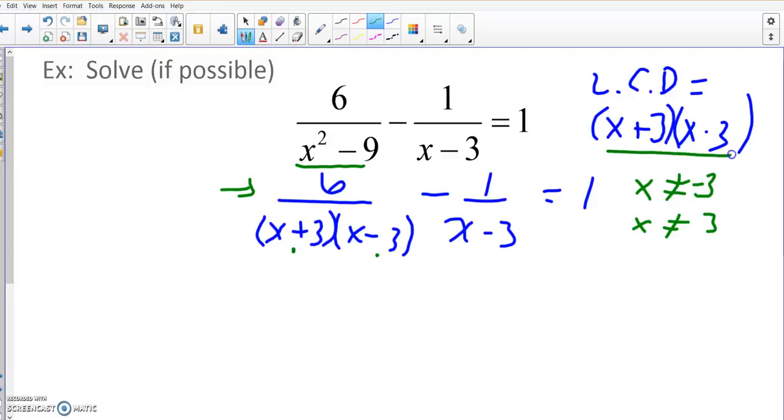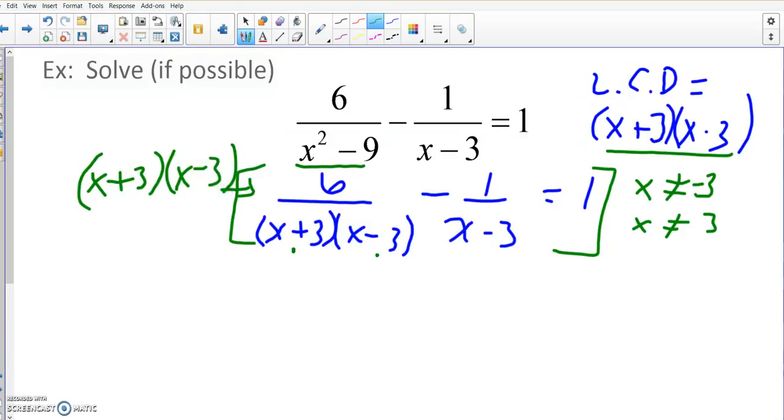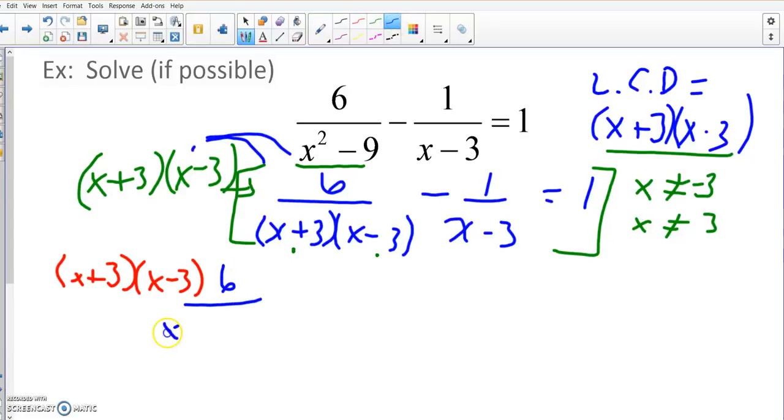For the next step, we have the LCD. Let's multiply the entire equation by x plus 3, x minus 3. Now, some of you might want to skip the step I'm on and go directly to this step. Some of you can probably do more in your head. Again, because these are notes, I'm trying to be more thorough. What I'm going to do is distribute these to all the terms. So in red, I'm going to write LCD, and in blue, I'm going to write down the original terms.